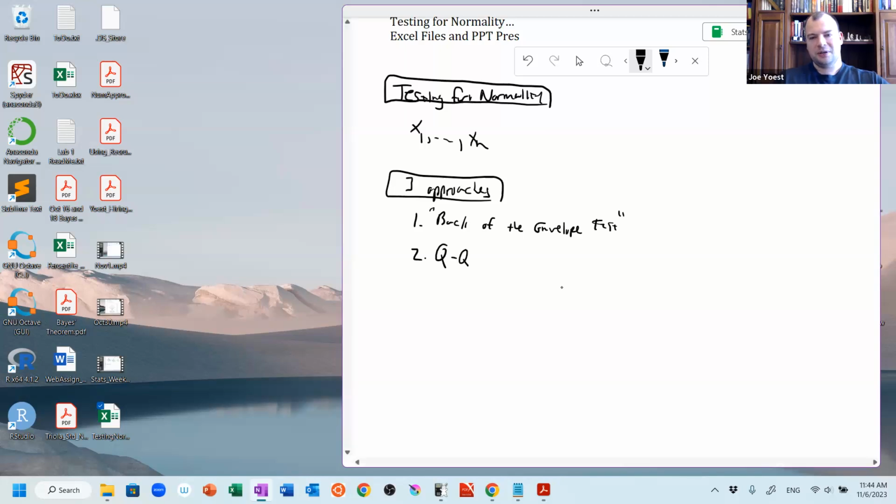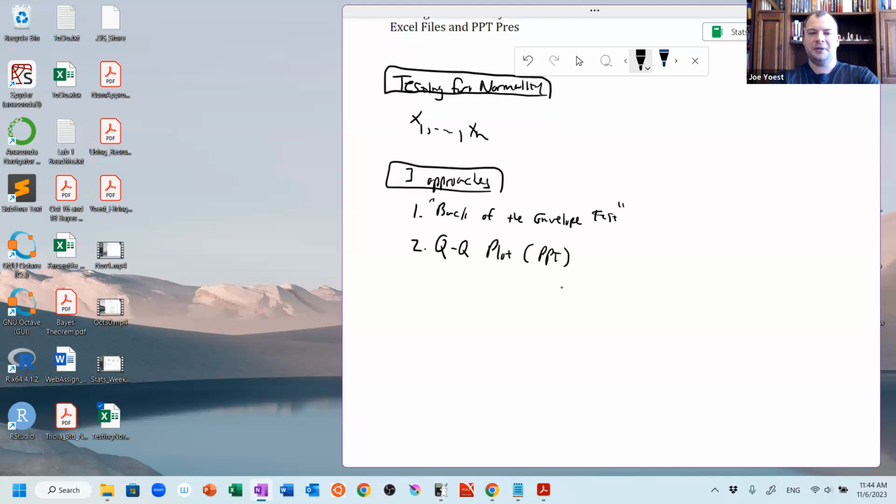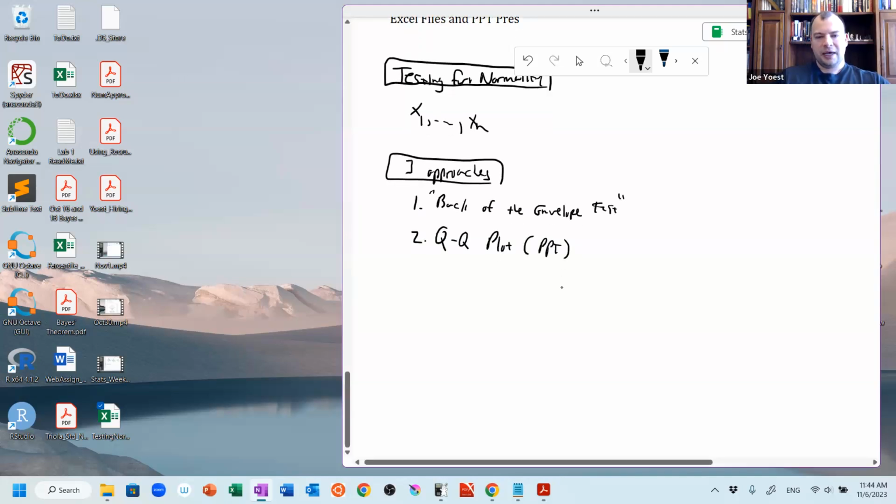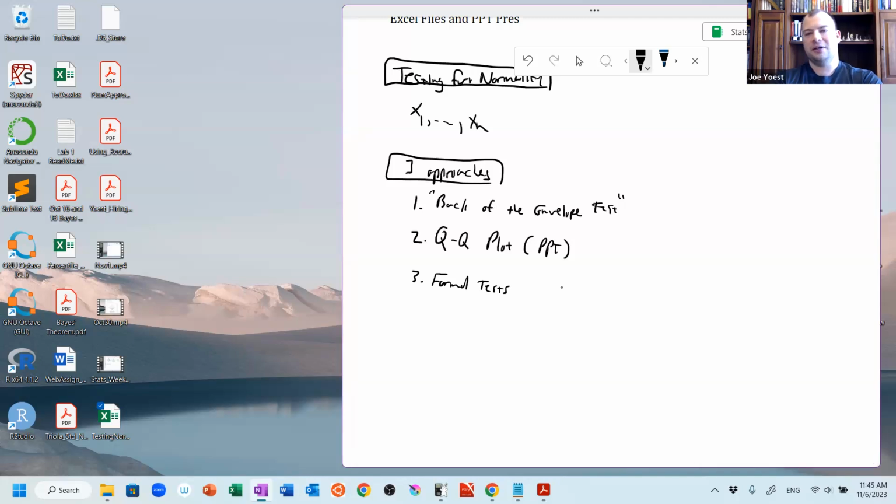Second, I can look at something called the QQ plot. And this is what we'll address in the PowerPoint presentation next time. And the third is, well, we have formal tests. So we have things like the Kolmogorov-Smirnov test and the Anderson-Darling test.